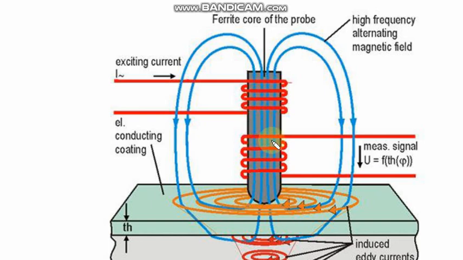The coil acts as an electromagnet, and it magnetizes. Here you can watch the electromagnetic lines of flux in this direction and in this direction also.